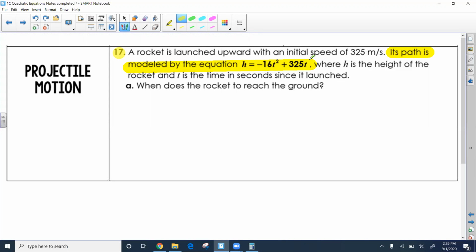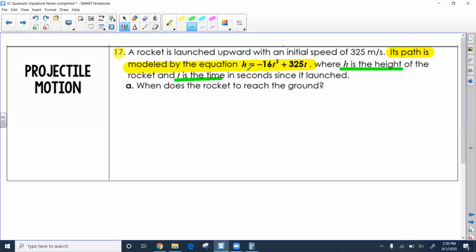A rocket's path is modeled by the equation h equals negative 16t squared plus 325t, where h is the height. So you could just make a note of that as well. H equals height of the rocket and t equals time. T is the time in seconds since it launched.